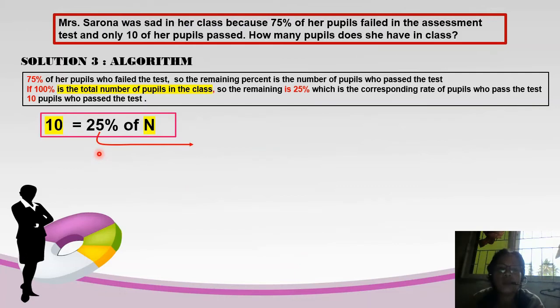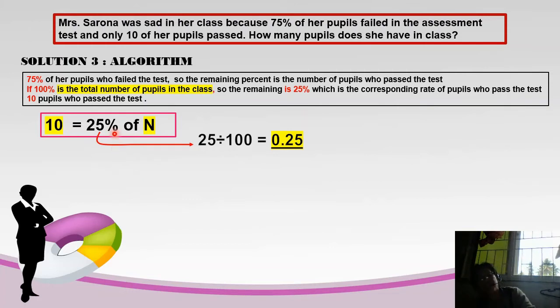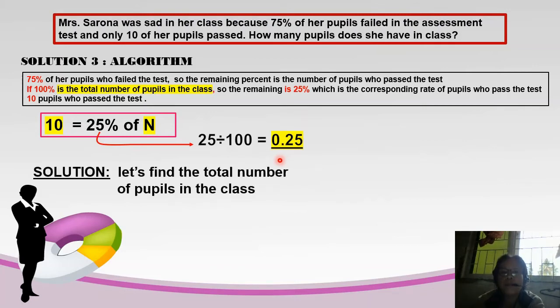Now, remember that 25%, we cannot make use of that unless we remove the percent sign. So let's divide 25 by 100 in order to make it a decimal. 25 divided by 100, the answer would be 0.25.